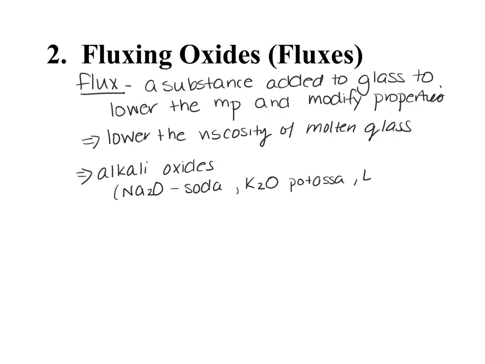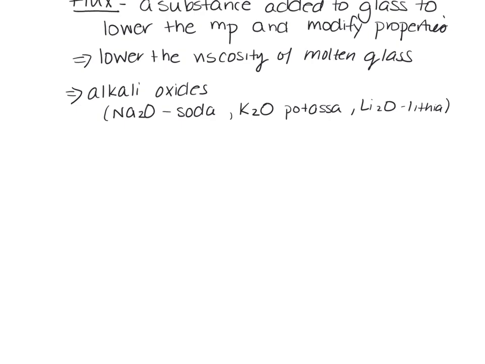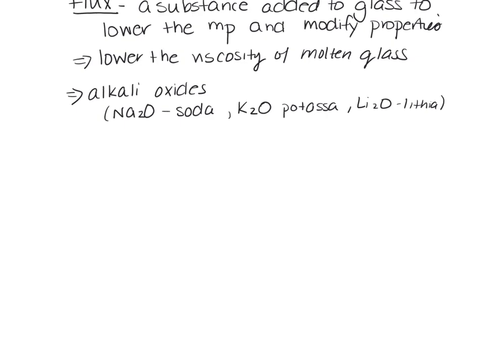You've got lithium oxide, which is sometimes called lithia, right? And so specifically, one of the things that happens here is with sodium oxide, it reacts with the silica, and when it does this, it breaks up the silicon network structure.